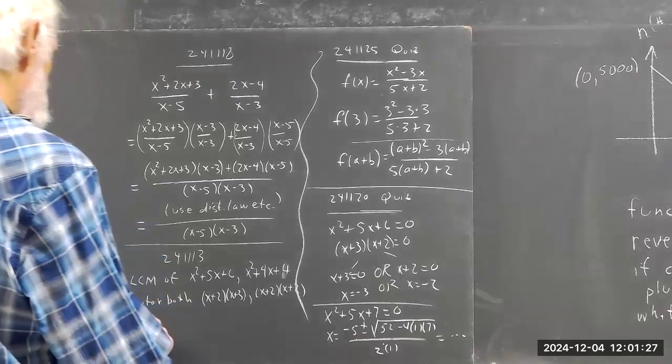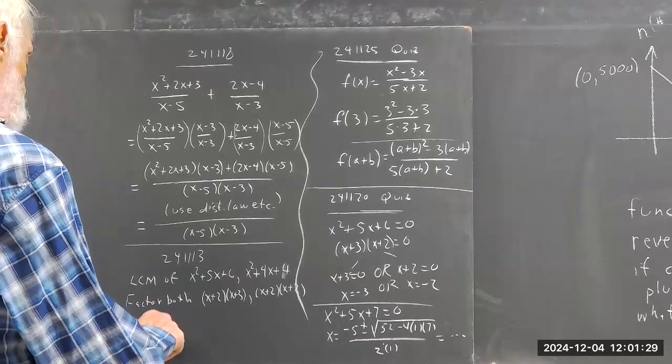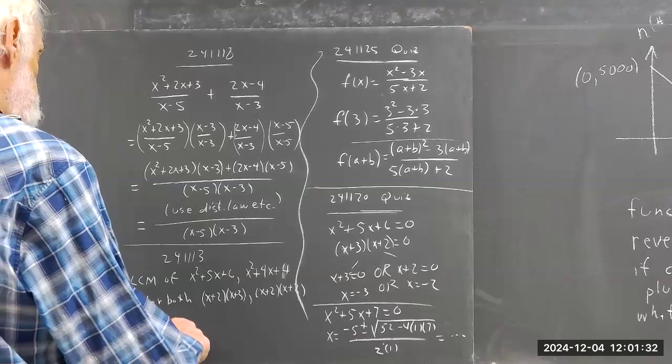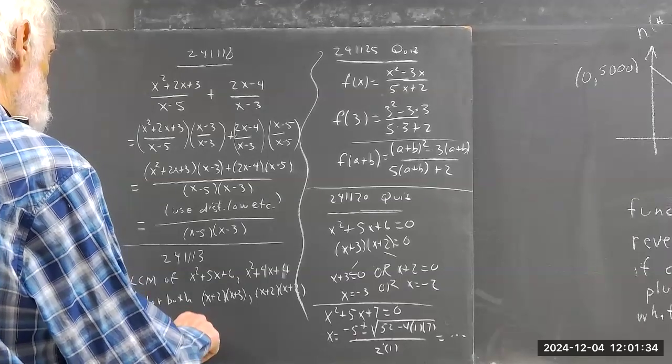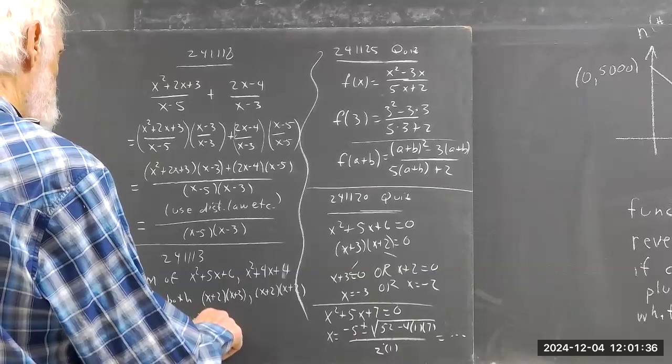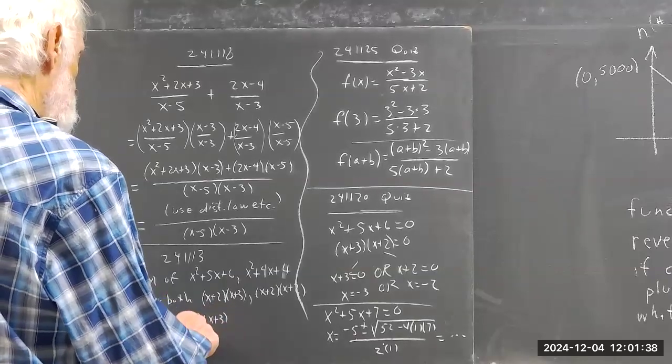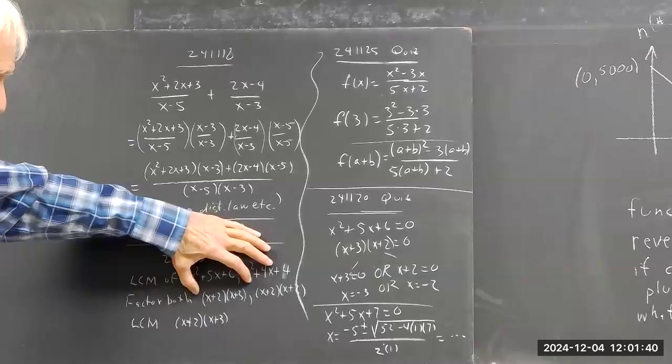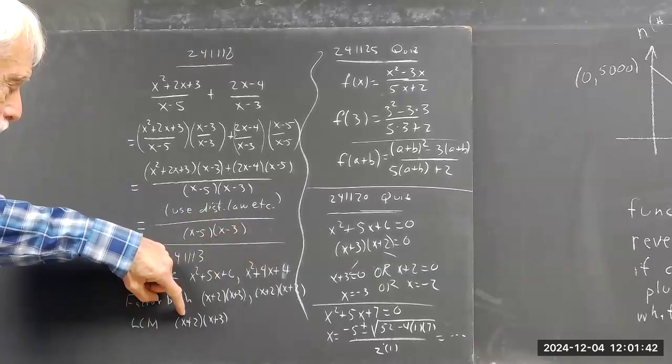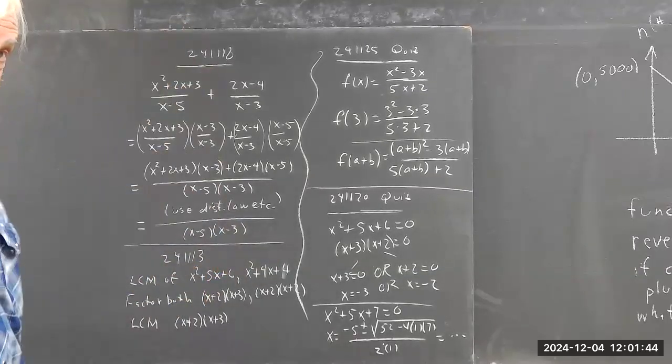Okay, so the least common multiple: we just write down one of these or the other, because if it's going to be a multiple of this one, then it has to have an x plus 2 and an x plus 3 in it.